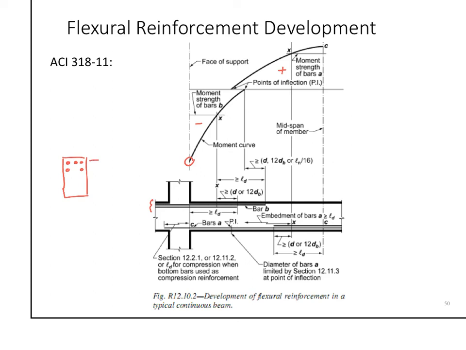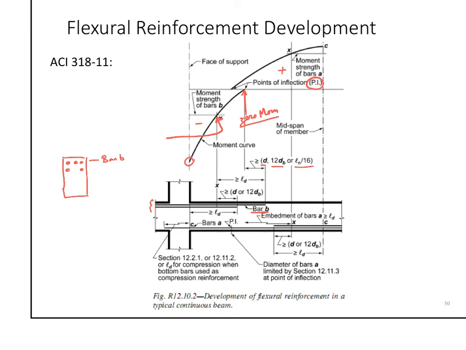If those are bar B, now bar B shall stop after your point of inflection, which is the point of 0 moment. So this here is 0 moment, by a distance equal to d, 12 db, or ln/16, as we said in the previous slide.